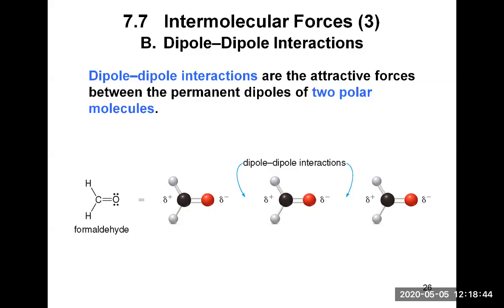Because it's opposite charges that are attracted to each other. So because of that, the molecules will arrange themselves such that the oxygens are oriented towards the carbon and the carbon oriented towards the oxygen. And so it gives some kind of order to the substances when you have that kind of dipole-dipole interactions.